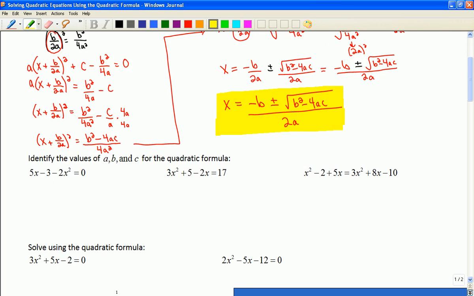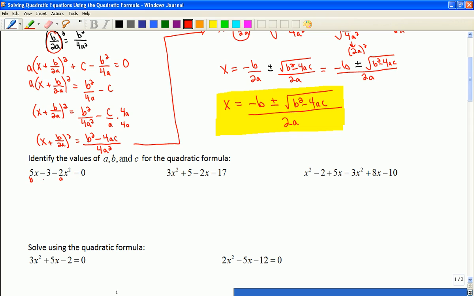So if you're going to use this formula, first you should know the way that it works. So I'm going to rearrange the formula. There's nothing wrong with the way it is now, but students tend to think that this is A, B, and C, the first three that they see. That's not the way it works. A is always the number in front of x squared, B is always the number in front of x, and C is the constant.